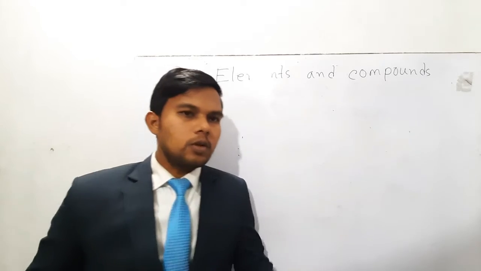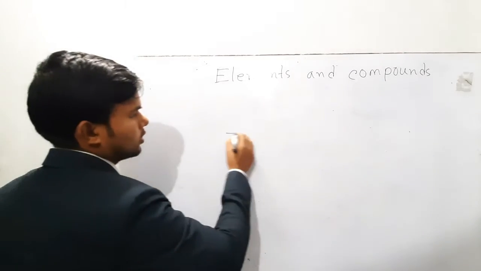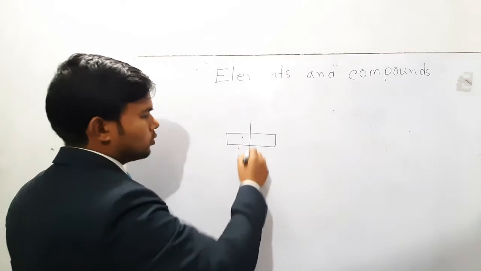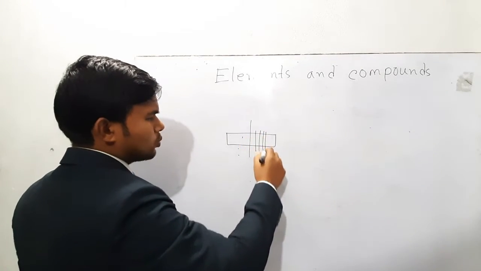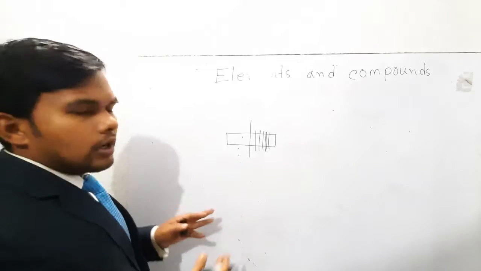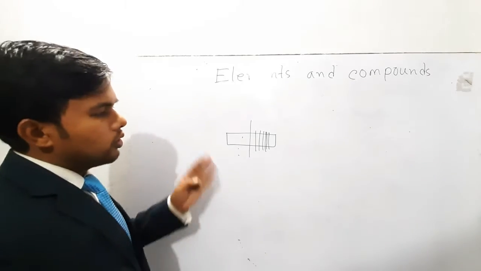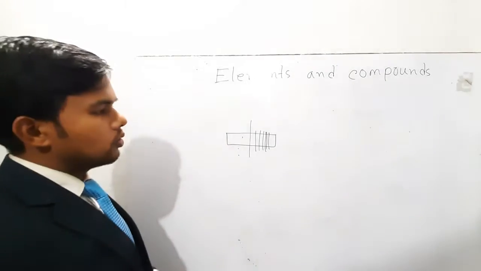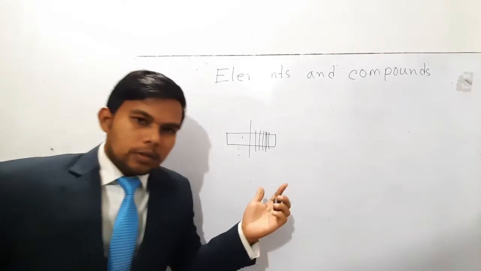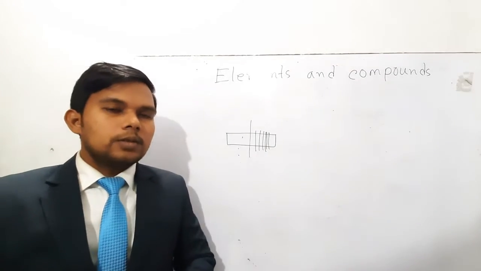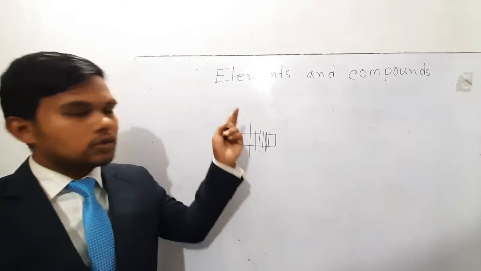If you take a piece of iron, no matter how far you divide it, smaller and smaller, it will be nothing else but a piece of iron. When you divide further and further, we'll get only iron. So these types of substance which are undivided, nothing else, only itself, are called elements.